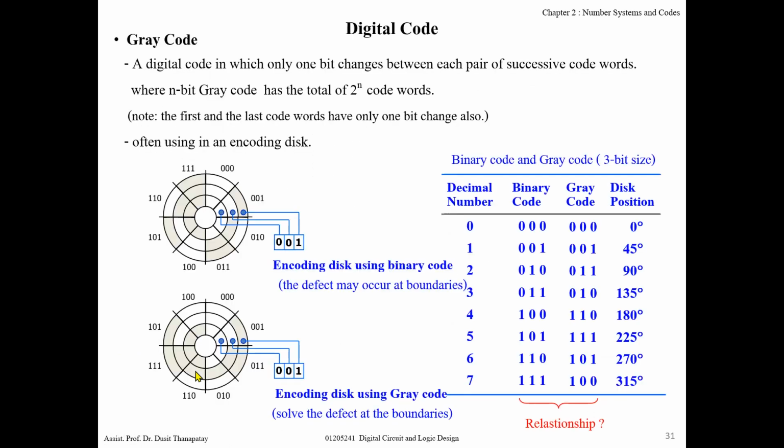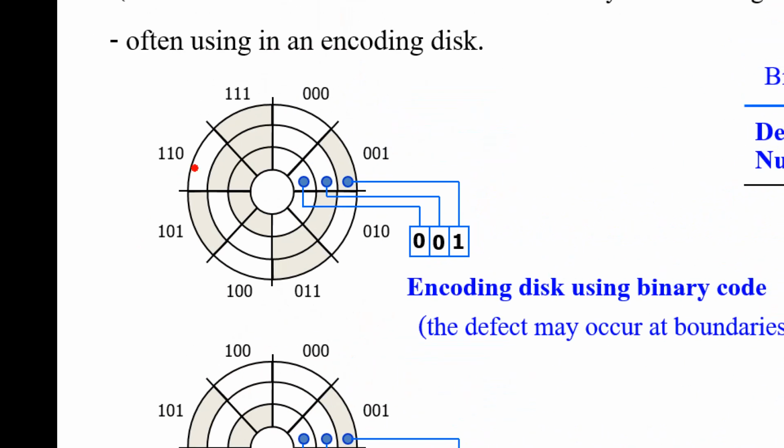The next one, consider this plate. For example, if the plate is connected to something like a motor, when you rotate this plate, and I set a sensor like this.